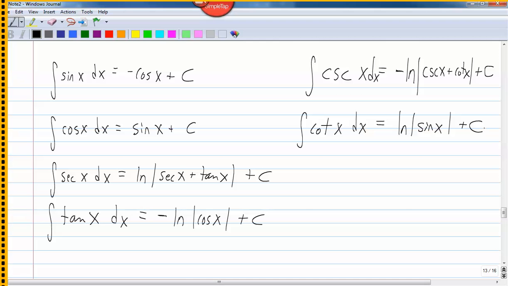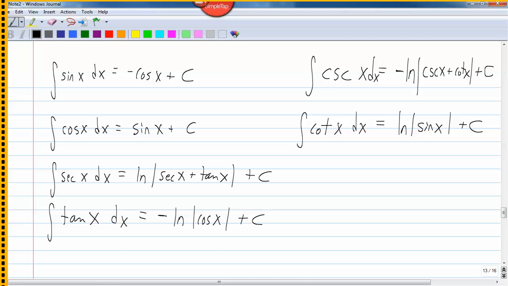So if you have no more calculus, no more math, no more engineering classes in the future, then I'm not saying you don't need to know these. You still need to know them. But if engineering or mathematics is something that you see in your future, then you've got to know these integrals because they're used just like any other integral.